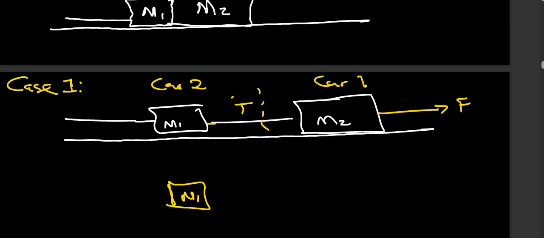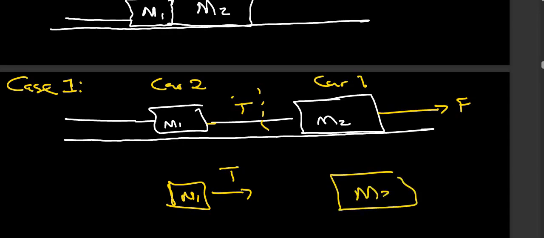The only force acting on M1 is the tension, which is pushing it in this direction because we are pulling it. Then on the M2, there were two forces acting on it, because remember, for every action, there's an equal but opposite reaction.